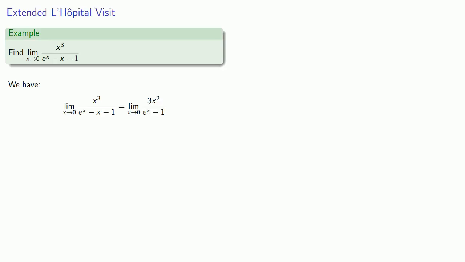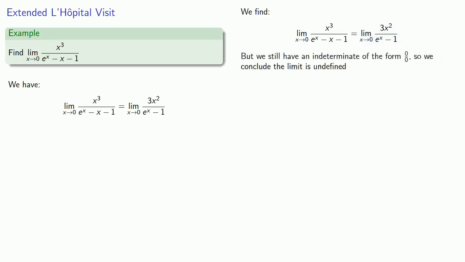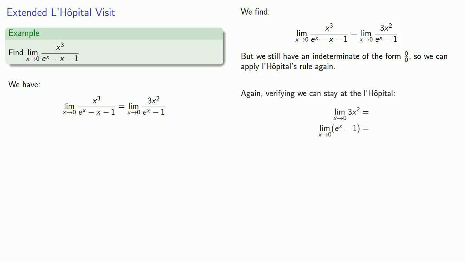Again, remember that L'Hopital's rule does not actually find a limit, it just says that one limit is equal to a different limit. So we need to find the limit as x approaches 0 of 3x squared over e to the x minus 1. But this is still an indeterminate of the form 0 over 0, and so we should apply L'Hopital's rule once again. Of course, our insurance company might not pay for another night's stay, so we have to verify that we are allowed. So we'll take the limit of the numerator and denominator.